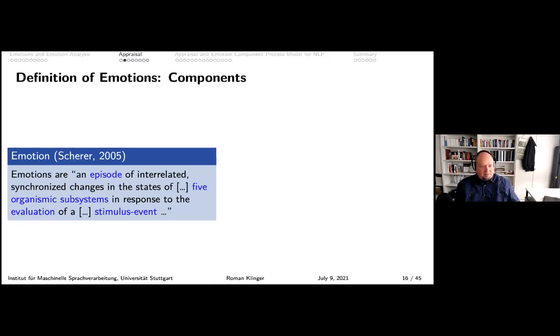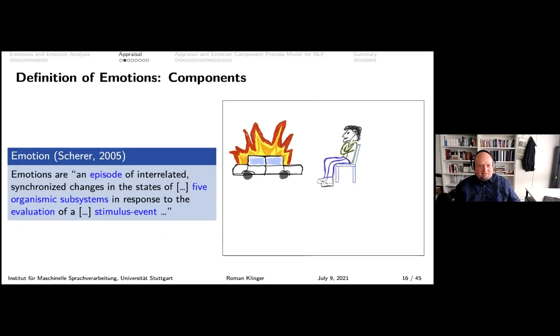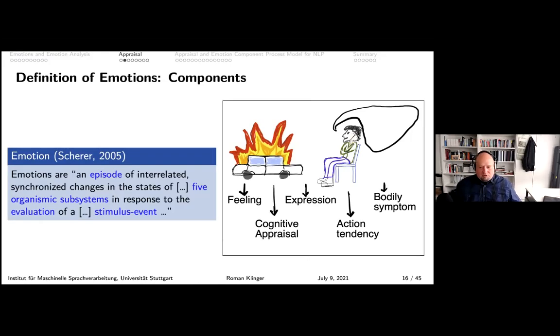So what are these different things that happen? Let's say we have this event, a person sees a car burning. This person doesn't look very excited about this, but this is just because I didn't know how to draw an excited person. And now this person can develop various changes in organismic subsystems.